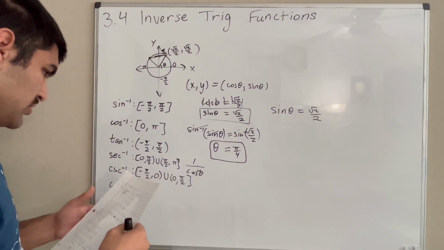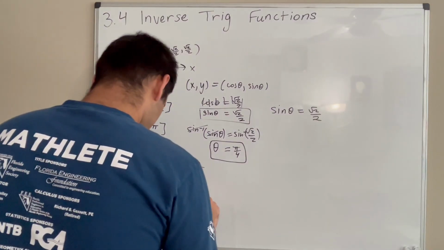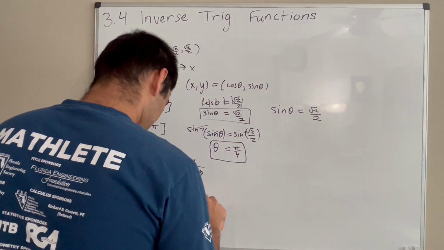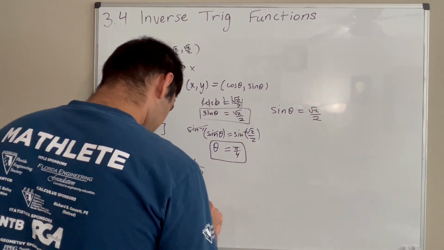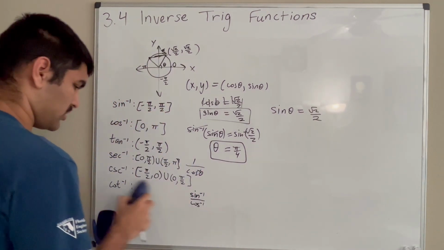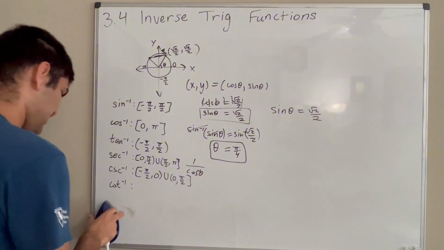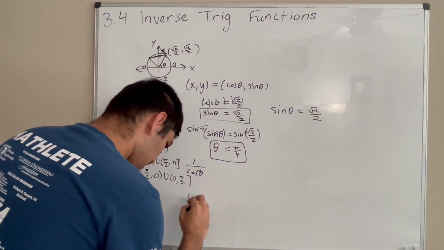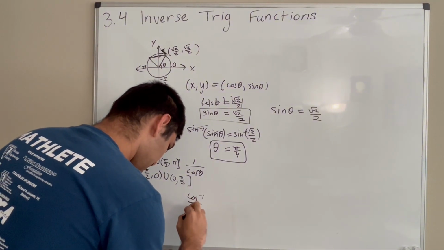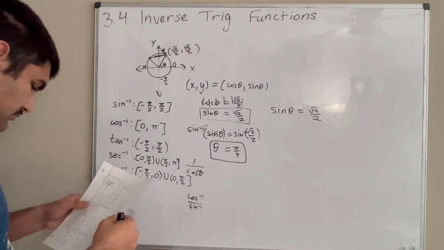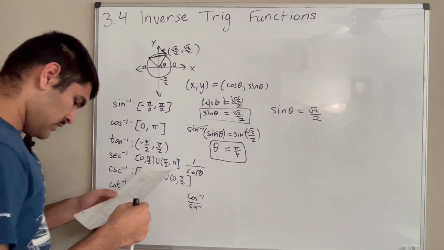And then cotangent, that's equal to inverse cosine over inverse sine, because it's the reciprocal, right? Okay.